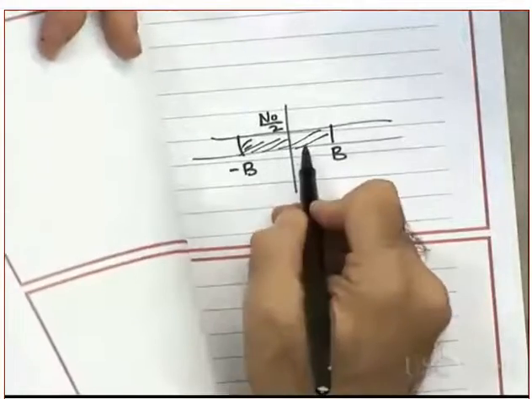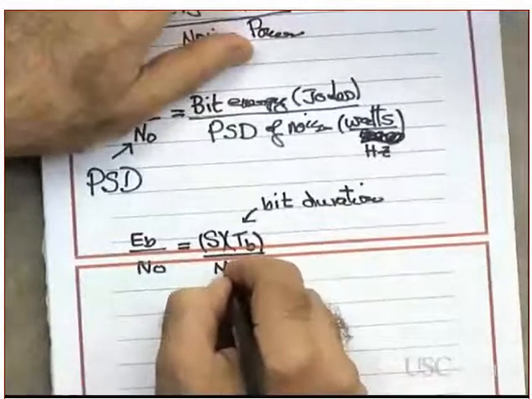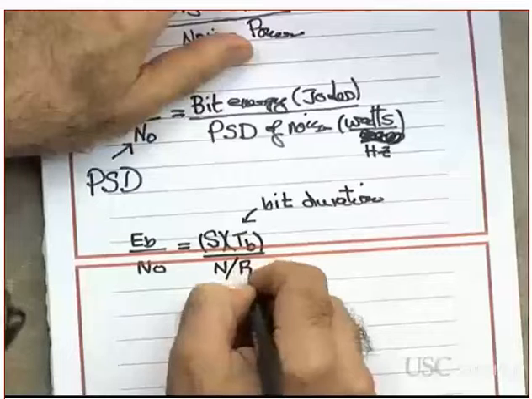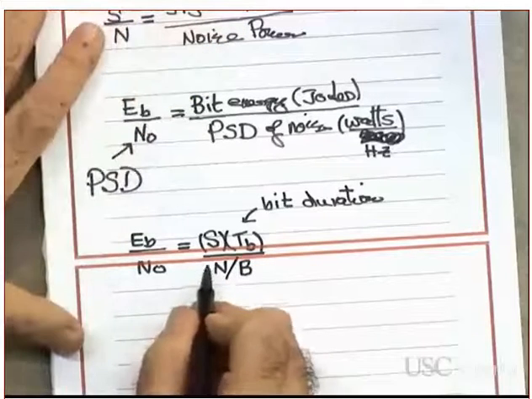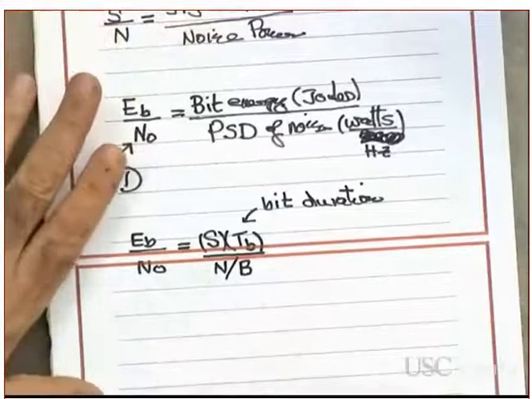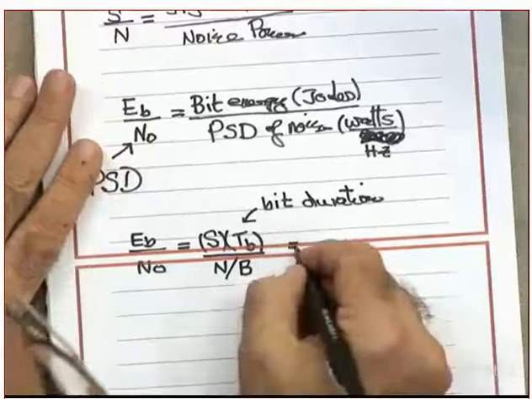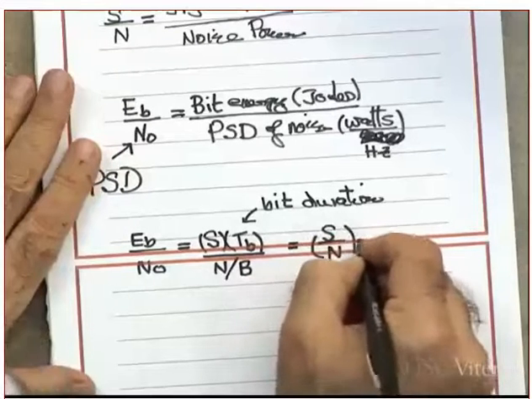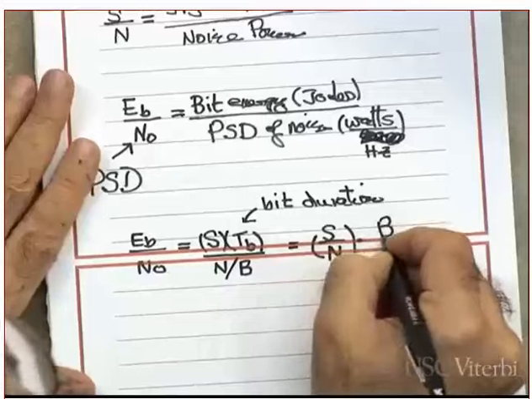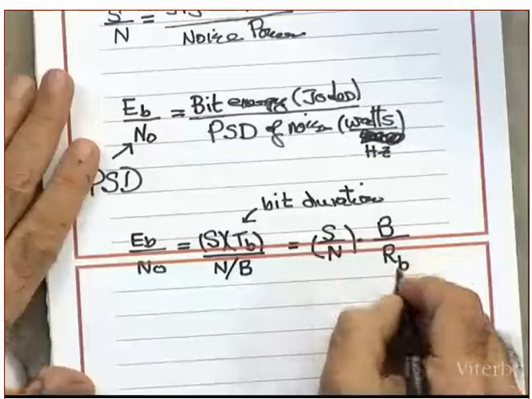So what is N0? N0 is N over B. What is this N? That's the noise power. And the B, of course, is the bandwidth. Clear? Now what is this equal to? This signal to noise ratio times the bandwidth over the bit rate.